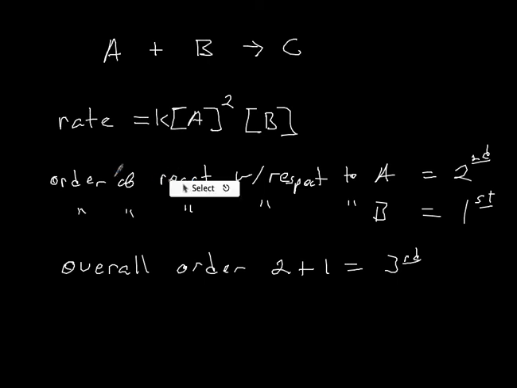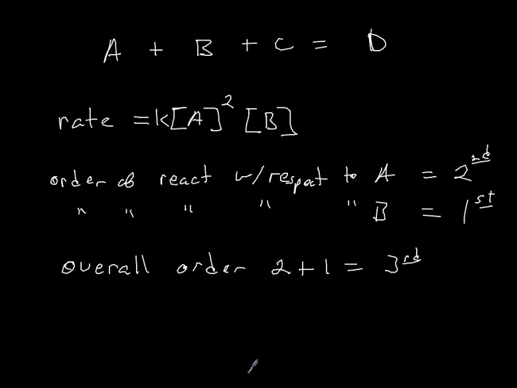So how does affecting the concentration affect the rate? What if, instead of having A plus B makes C, it was A plus B plus C equals D, and we had the same rate expression where there was no expression of C in here?